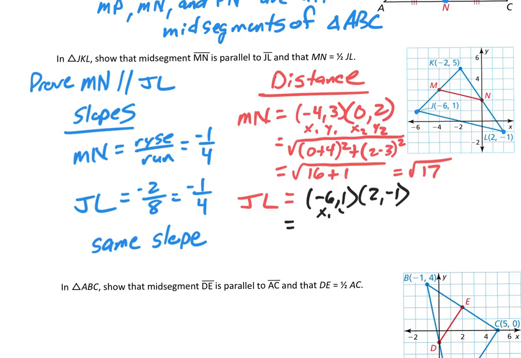Once again, x1, y1, x2, y2. Just really watch your signs. We're going to go 2 minus negative 6, which would be 2 plus 6. We're going to go negative 1 minus 1.